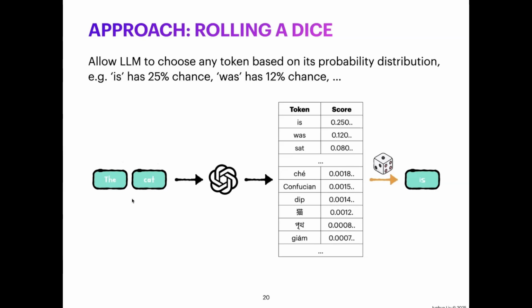So now we have the cat as input, we pass it to the language model, the model generates a probability distribution, and then we roll the dice, and then we will take the output realistically. So now every token has some chance to show up instead of only the top one. This is the second approach.